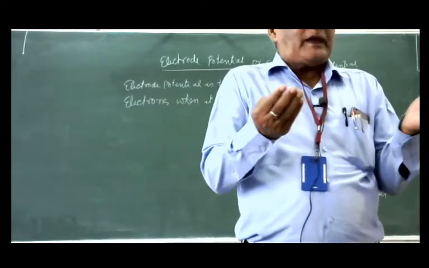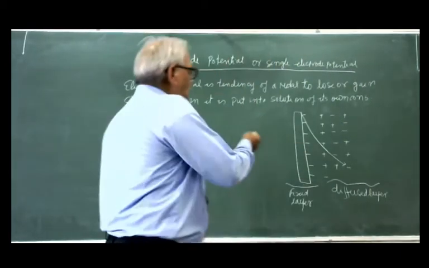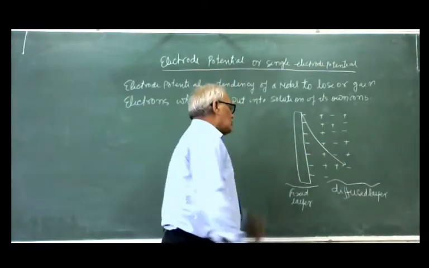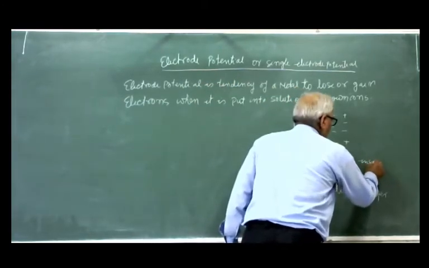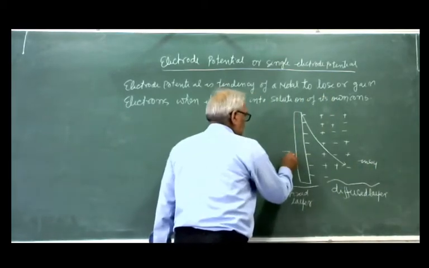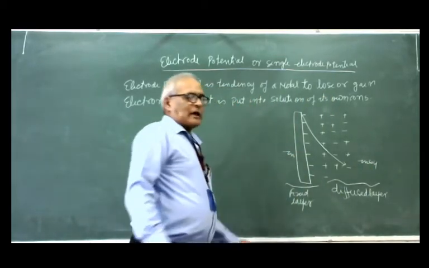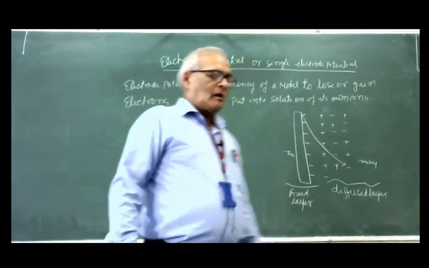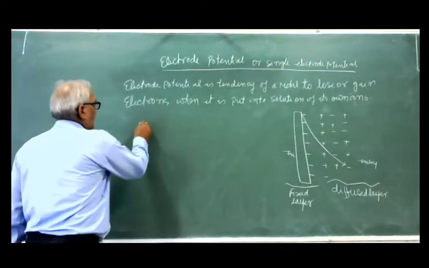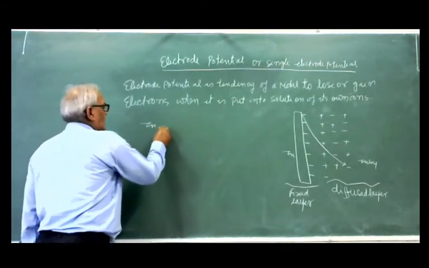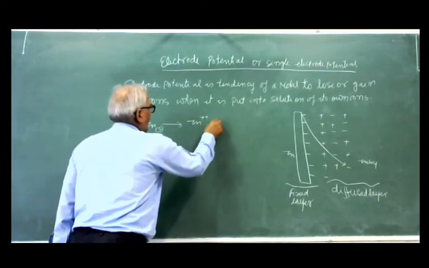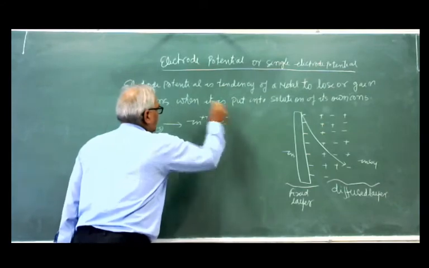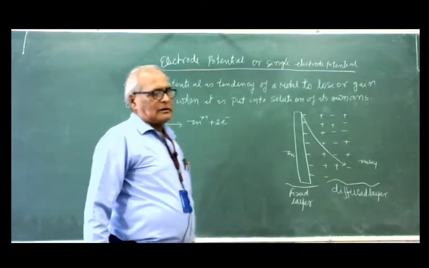So I have given one example, a zinc rod put into zinc sulfate solution. This is the zinc sulfate solution, and this is the zinc rod. Now what happened? This zinc metal will change into zinc ion, and two electrons are released.